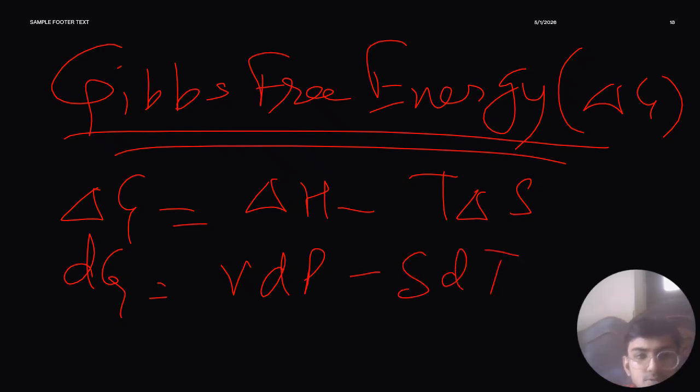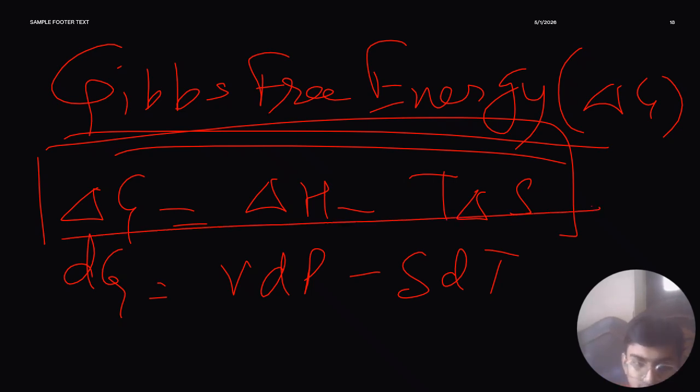This expression is very important. When we talk about equilibrium also, the spontaneity of a reaction, non-spontaneity, and the condition of equilibrium are all derived from this particular equation, which is called the Gibbs-Helmholtz equation. But the equation is more important than its name.